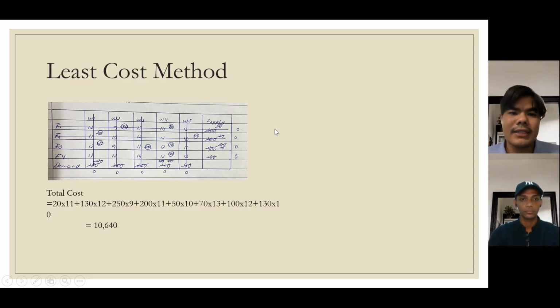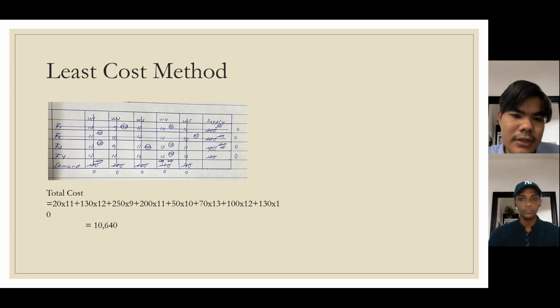Okay, the least cost method. Like the table shown, we have factory 1, warehouse 1, 2, 3, and 4, and supply.